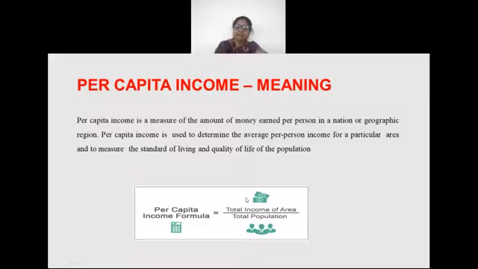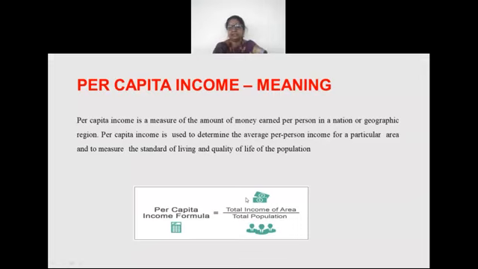In a family, four people are living: father, mother, two sons. Father is earning 50,000 rupees, mother is earning 30,000 rupees. So, how much did I tell you?